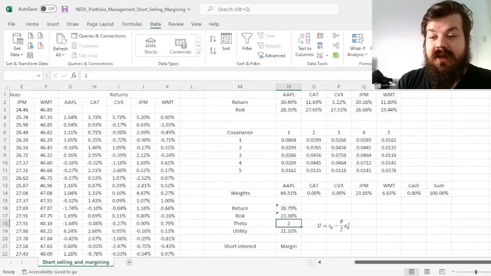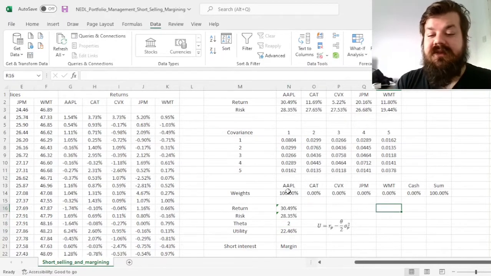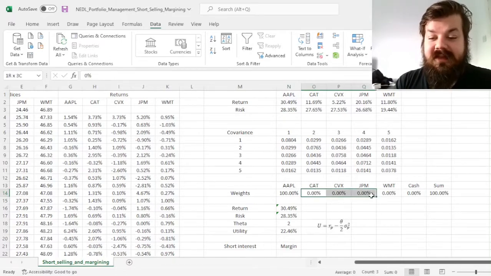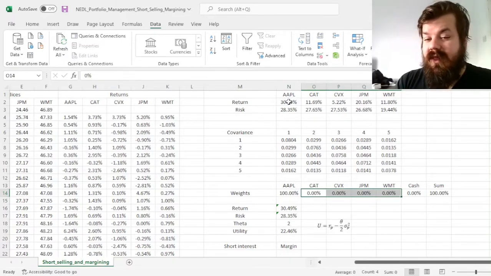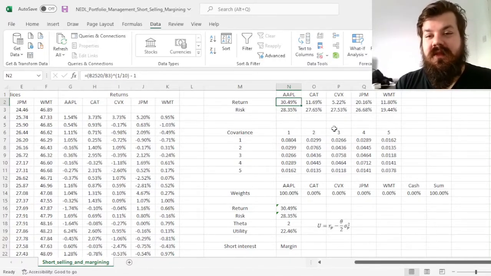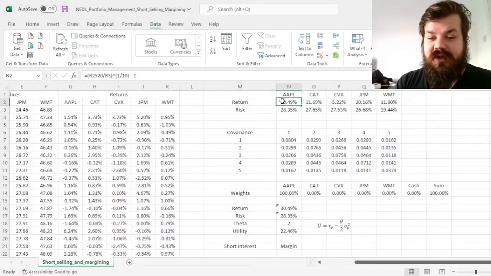But let's go back to the baseline case where we had 100% allocation to Apple, and it's quite easy to see that this is due to restrictions on negative weights, because as the Apple return is so high in this particular specification, the optimizer would theoretically like to short sell stocks with lower expected returns, such as Chevron or perhaps even Caterpillar, and increase its exposure to Apple using the cash that's freed up as you short sold the stocks.